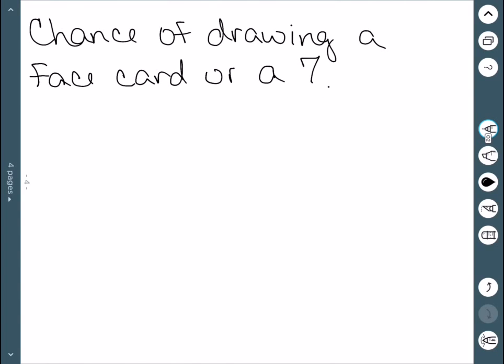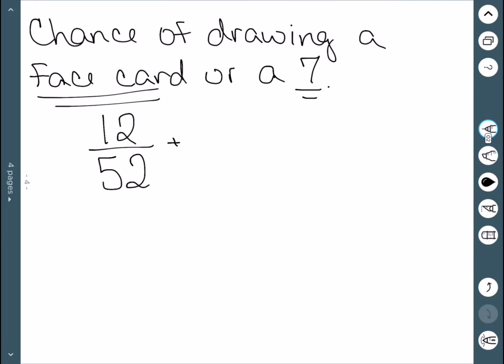Next, we'll look at the chance of drawing a face card or a 7. If I start with the face cards, once again, there's still 52 cards in the deck. Our face cards are our jacks, kings, and queens. There are 4 jacks, 4 queens, 4 kings, for a total of 12 face cards. For the 7, we have 4 sevens out of 52 cards.